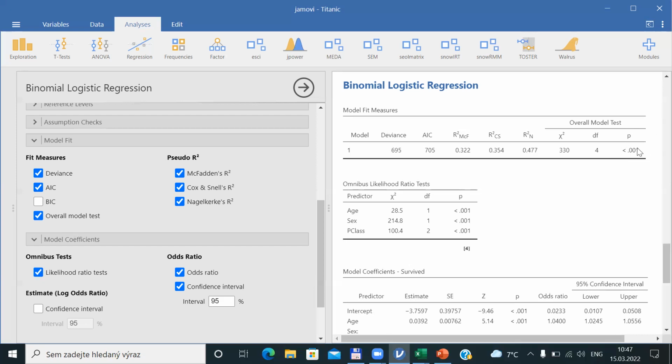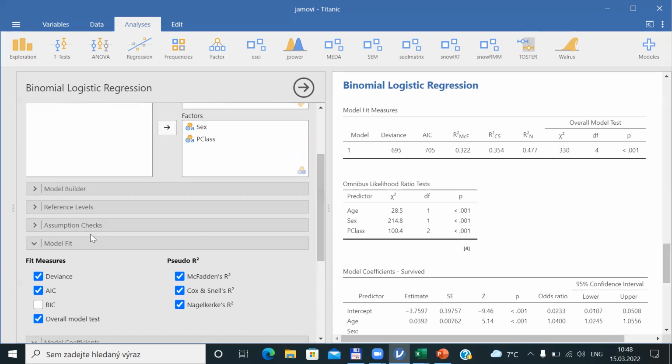And as the p-value is quite low, it means at least one of your predictors, so age, sex, and class, should be included. And we know by this individual testing that all these should be included. That's added information here. So this is the overall likelihood ratio test, and this is the likelihood ratio test for every individual single predictor. So that's all that can be tested here.